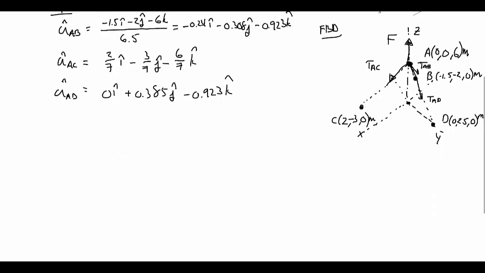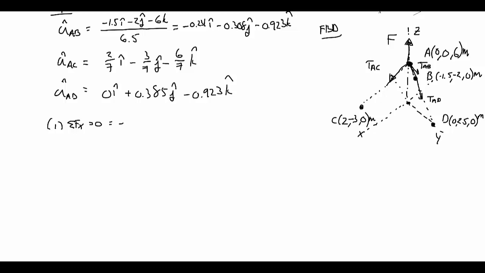So moving on to my actual equilibrium equations now. So I can start in the X direction. And I'm in static equilibrium, so I know it's going to equal 0. So now all the X components of my forces I can add together.